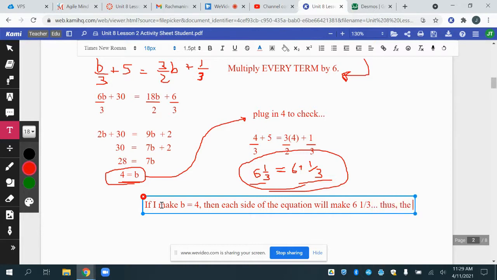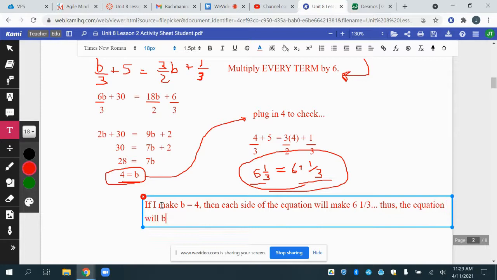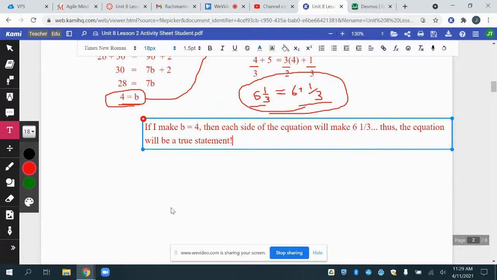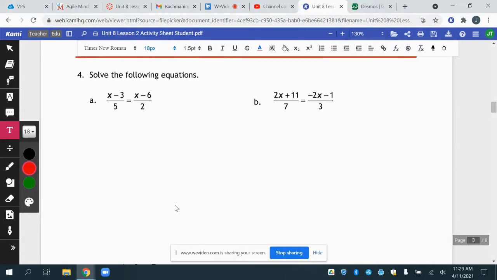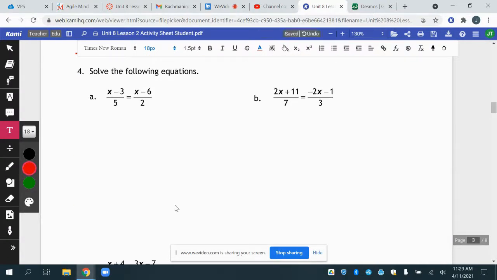Thus, the sides are true. I can't keep misspelling true. And there we go. Okay, so that's the way this works. Oof, these things fly by slowly, don't they?